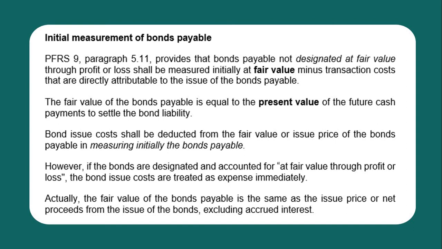Here, the standard says all bonds payable not designated at fair value through profit or loss. So, meaning, if the bonds are designated at fair value through other comprehensive income or designated at amortized cost, the said bonds payable shall be initially measured at fair value minus transaction cost.